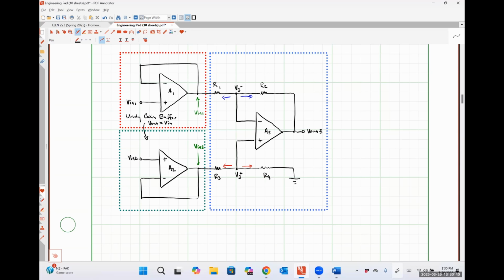So whenever we have a sensor that does a good job of producing an output voltage, but a very poor job of sending any current through, we want to use unity gain buffers in order to reproduce that signal without having the effects of any loading impedances drawing that voltage down.